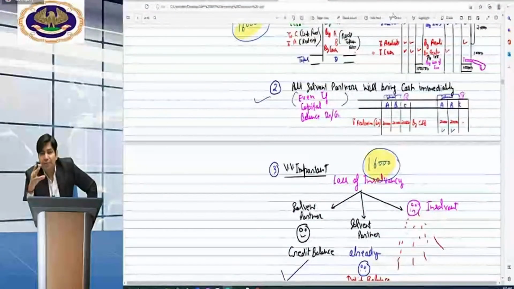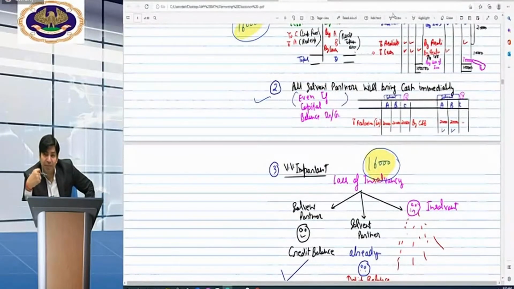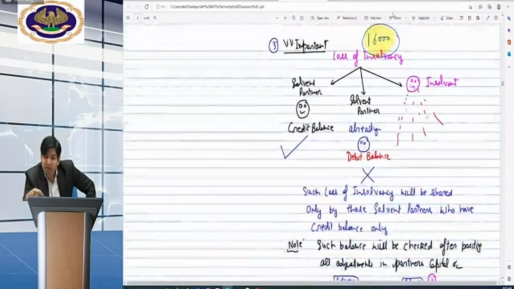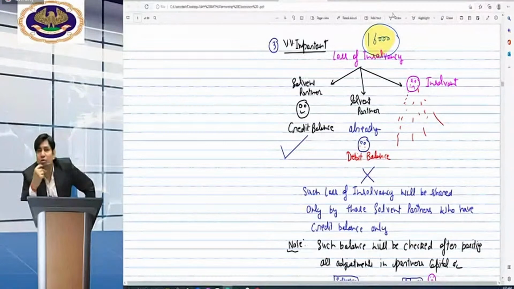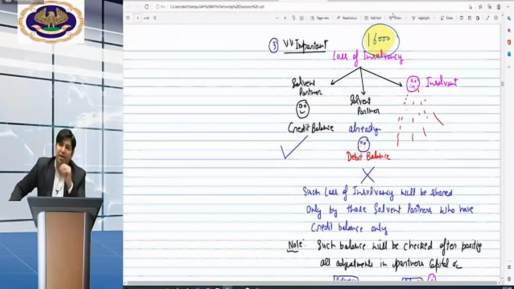Then, as per Garner versus Murray, first you have to bring the loss on realization by the solvent partners, irrespective of their debit or credit balance. After that, loss of insolvency sharing is there, which has to be shared according to the agreement. If an agreement is not there, then as per Garner versus Murray, it has to be shared in the ratio of capital.